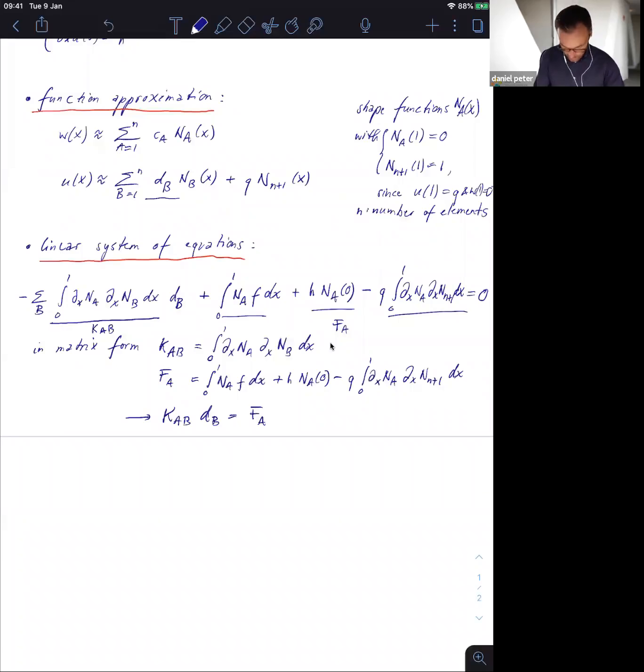In order to solve this for d_B, we just invert the stiffness matrix, and then write d_B is the inverse of the stiffness matrix times the force vector.